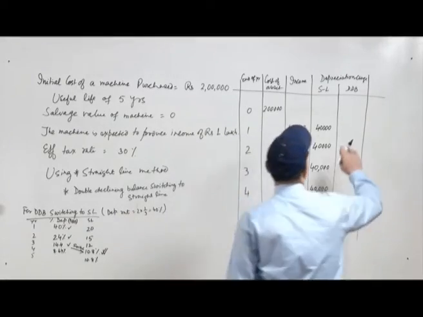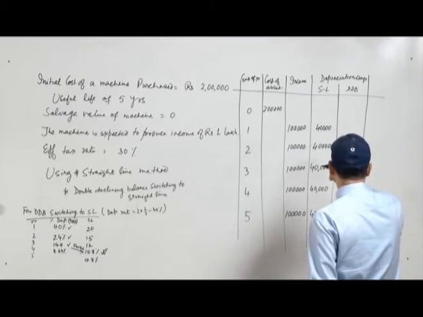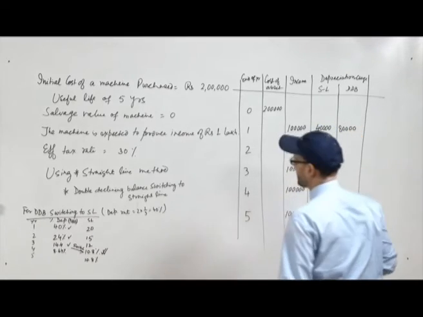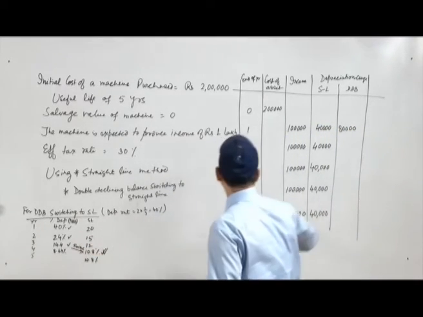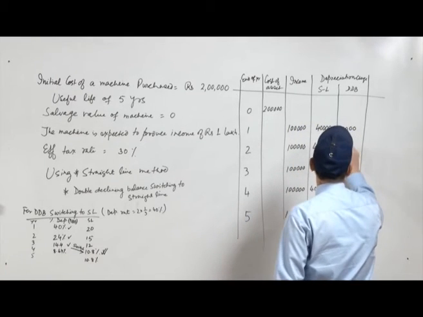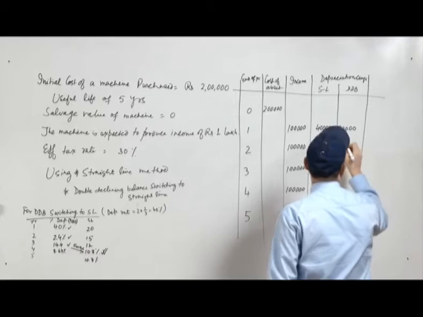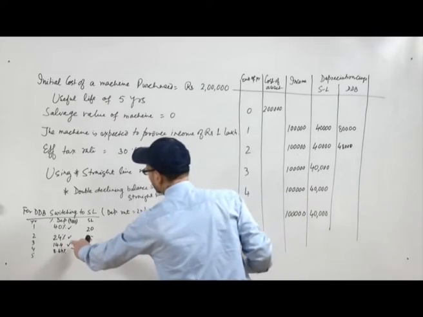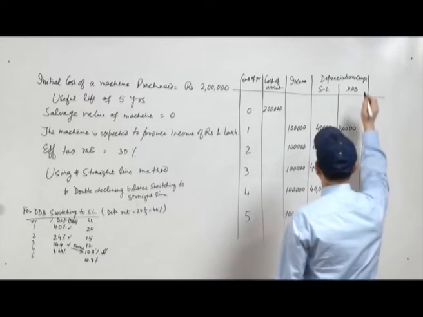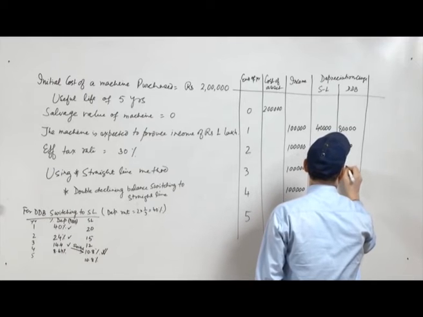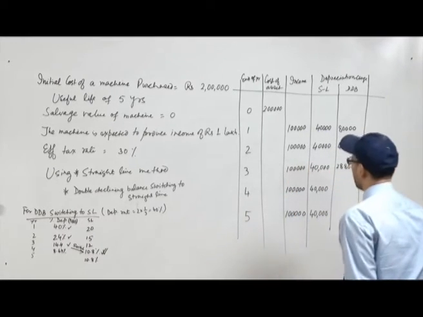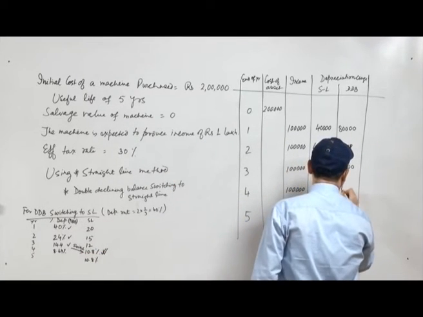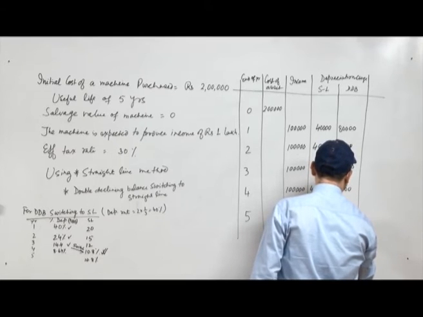So, this is 40% of 2 lakh, so it will be 80,000. Then 24% of 2 lakh, so this is 48,000. Then you have 14.4% of 2 lakh, so 28,800, and for the rest 2 years it will be switching, so it will be 21,600 and 21,600.